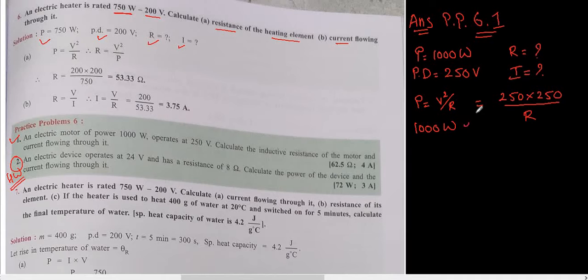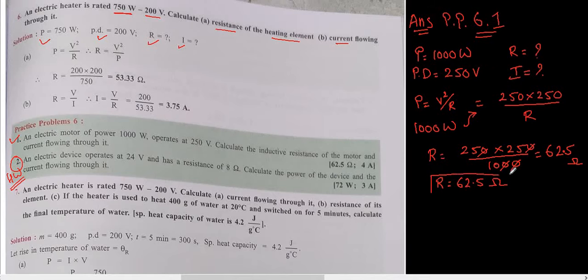So it becomes R is equal to 250 multiplied by 250 upon 1000. Understood? Now this one cancels, this one cancels, this one cancels, this one cancels. Here it becomes 625 upon 10. So we got R is equal to 62.5 ohms. So this is my resistance.